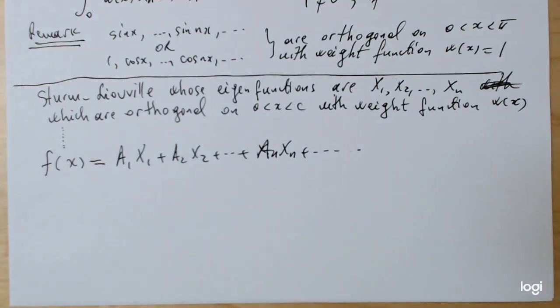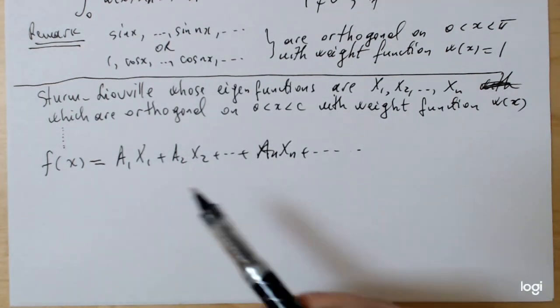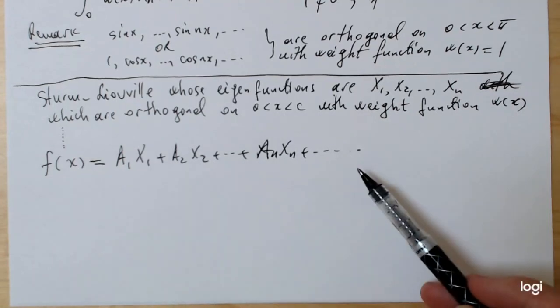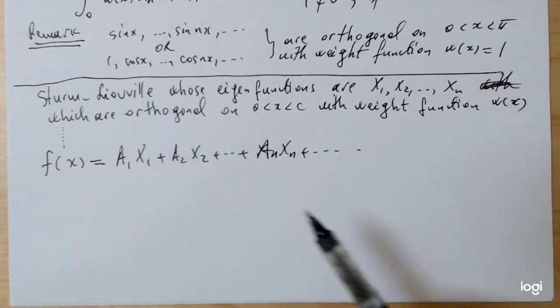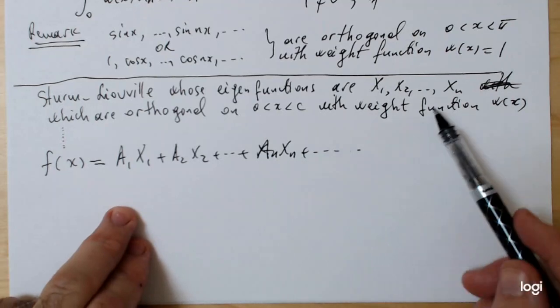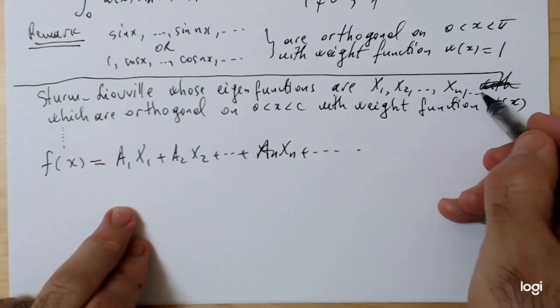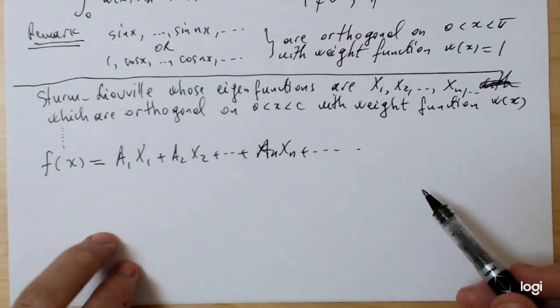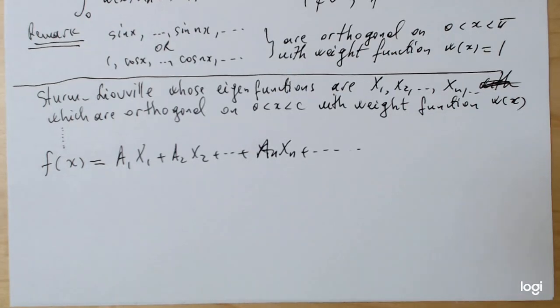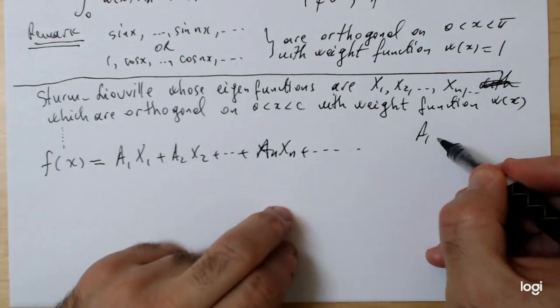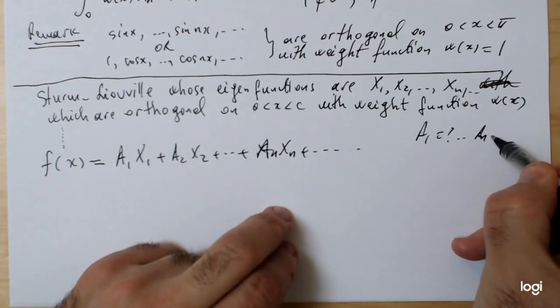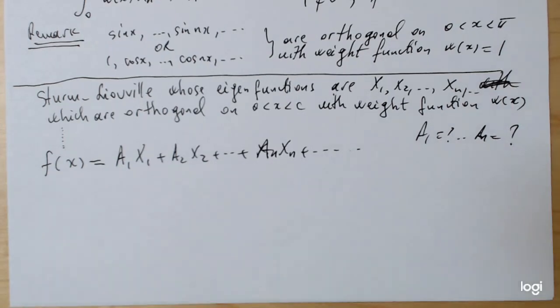So just like you had to do it in the case when these were sine functions or cosine functions. So suppose you have a family of functions, x1, x2, up to xn, and so on. And then you need to have this representation at the end, for example, to match an initial condition in a boundary value problem. How do you determine the coefficients? That's the key thing. How do you determine a1, a2, and an, and so on?